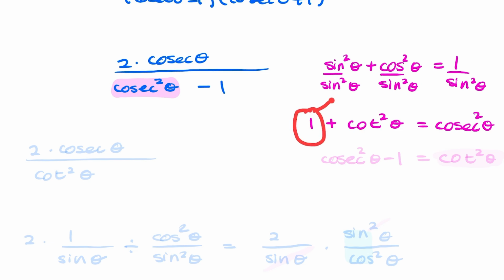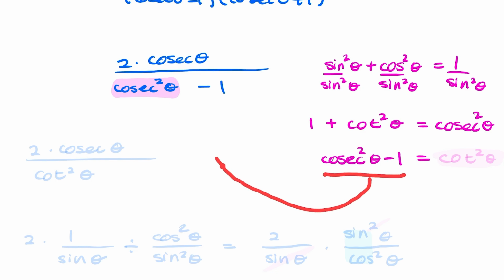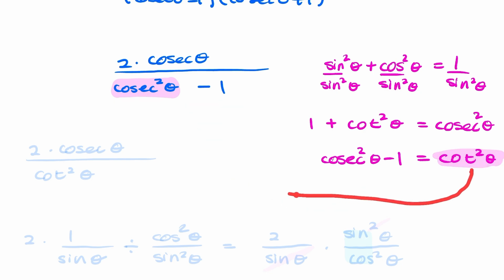And if you rearrange that, you can find cosecant squared theta minus 1 is equal to cotangent squared theta. And that's exactly what we have in the denominator. So we've got cosecant squared theta minus 1.